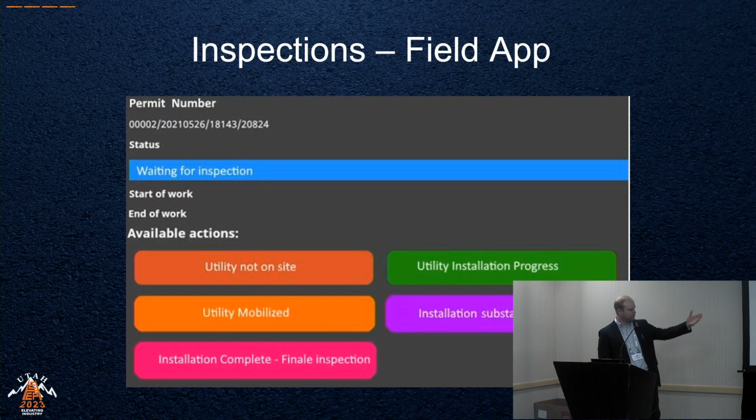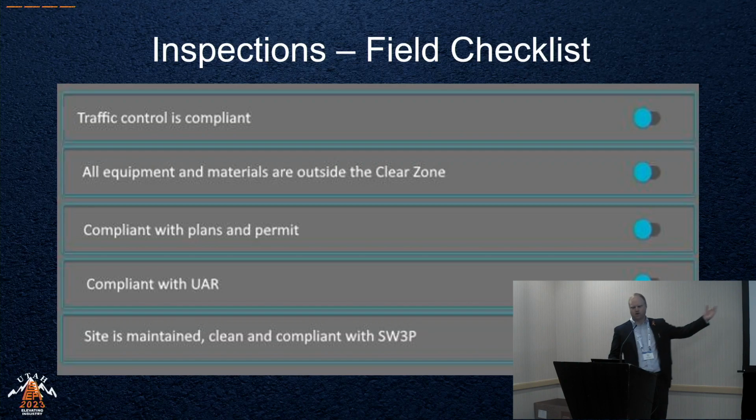So you can see the available actions are utility not on site, or utility installation in progress, or the utility is mobilized. So you can click these different features and questions will come up as the next screen to say, is the traffic control compliant? Safety is a huge issue.